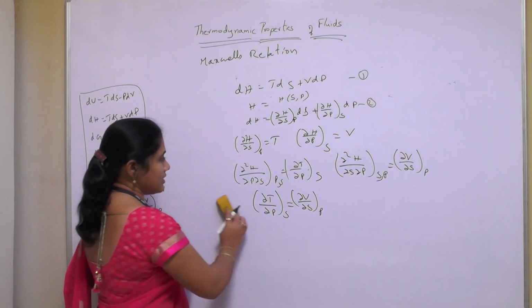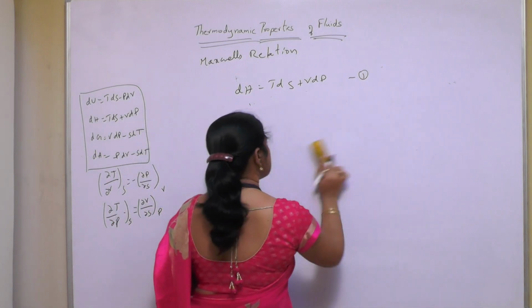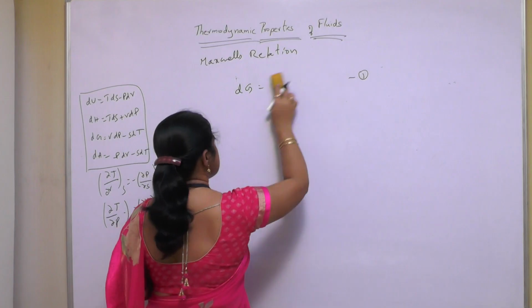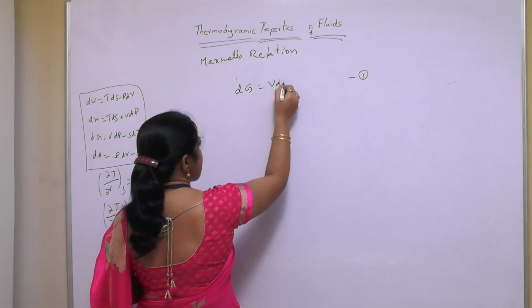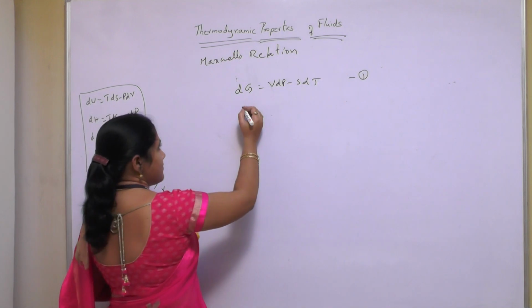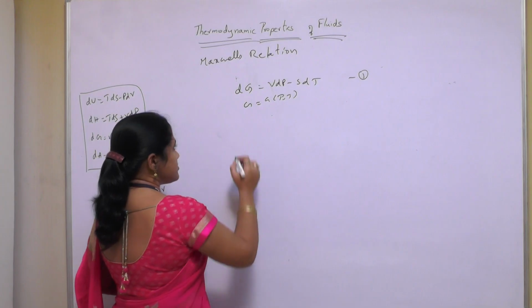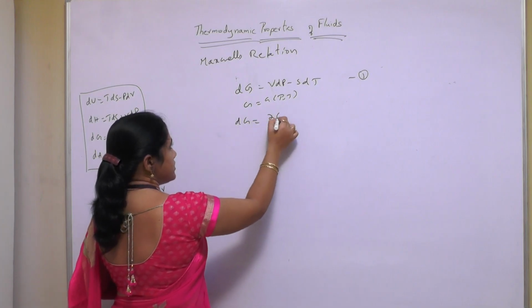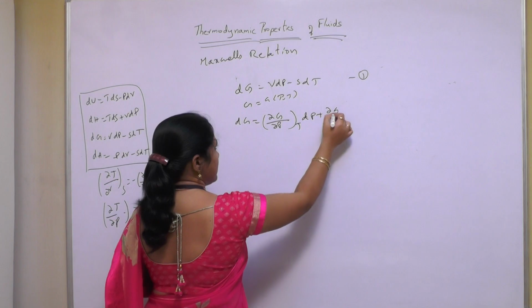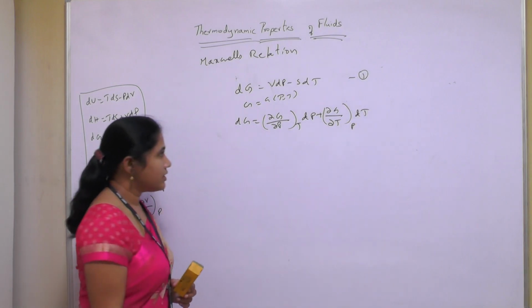Similarly, for Gibbs free energy, dG equals VdP minus SdT, and G is a function of P comma T. So dG equals (∂G/∂P) at constant T into dP plus (∂G/∂T) at constant P into dT.